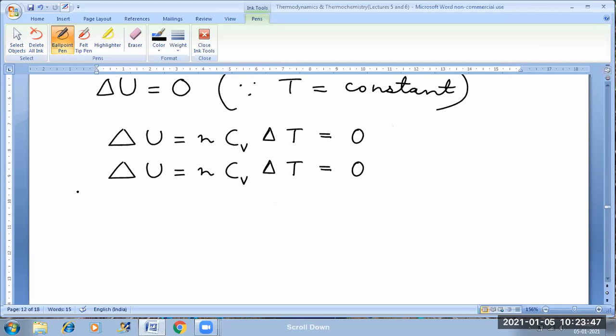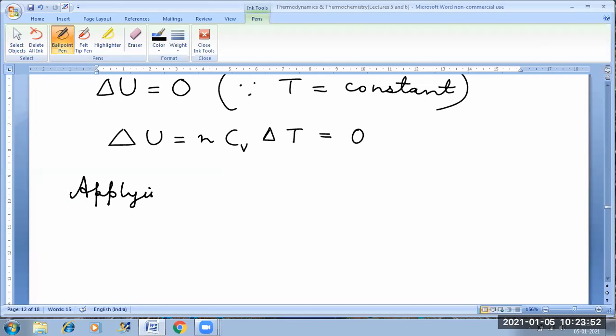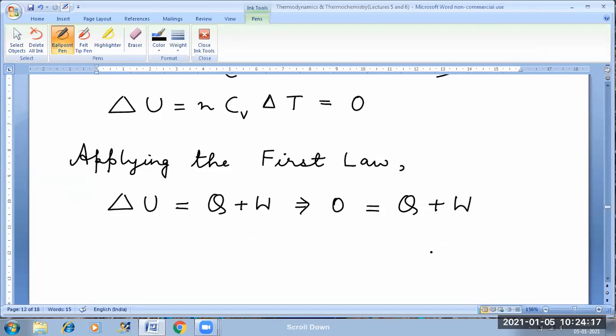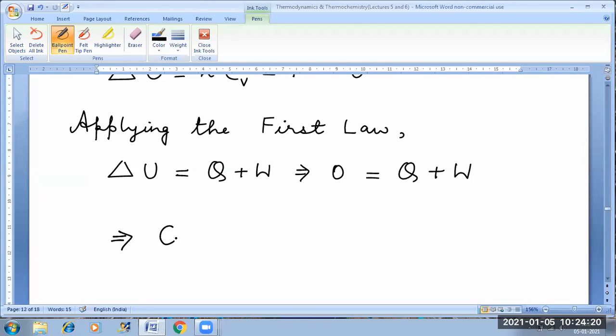So applying the first law of thermodynamics, delta U is equal to Q plus W. 0 is equal to Q plus W. So Q is equal to minus W.